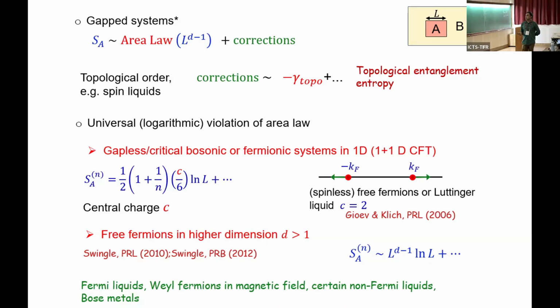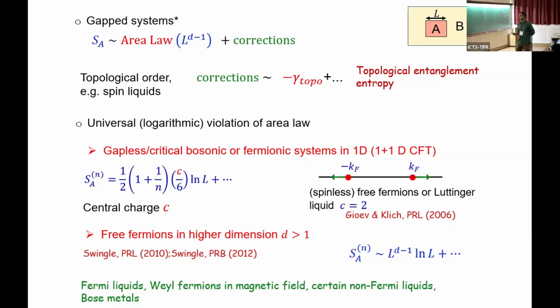Now you can ask whether there are such violations in higher dimensions. It turns out that for free fermions in higher dimensions, not gapless bosons but gapless fermions, you get a logarithmic violation of the area law L to the power d minus 1.